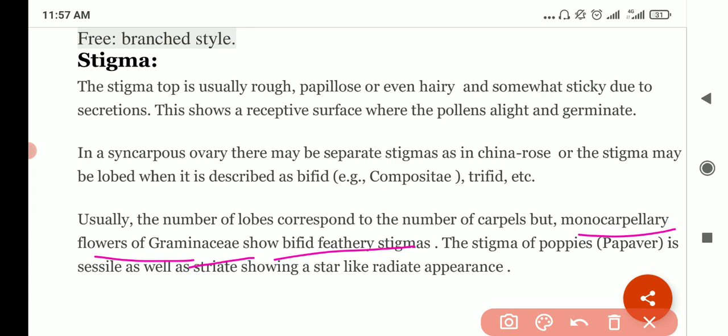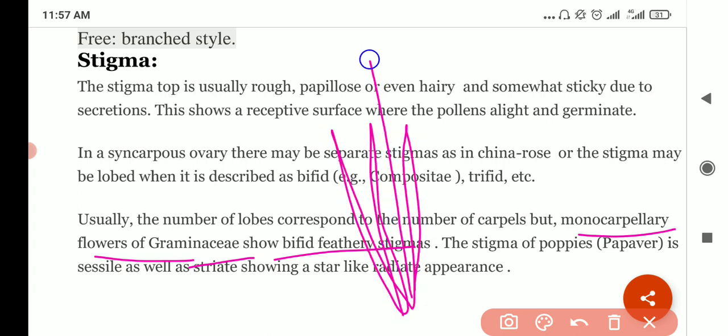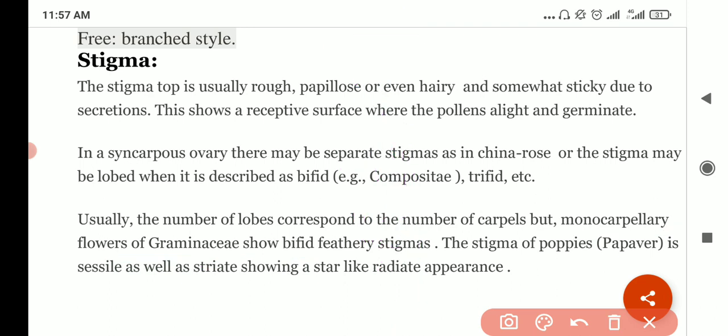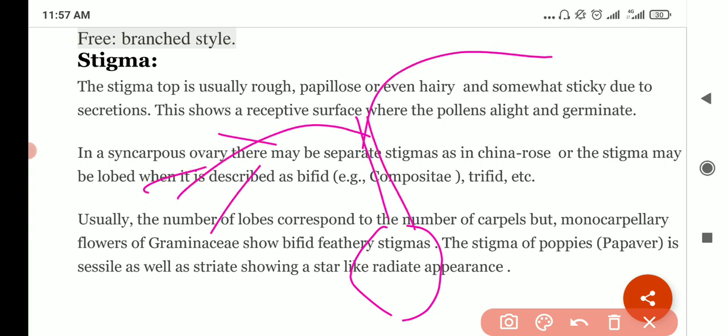If you touch the flower part of your grass, it's very hairy. Although they are monocarpellary, so we expect the stigma to be just one lobe, in the grass family the carpel is just one chamber, but they have long and feathery stigma.